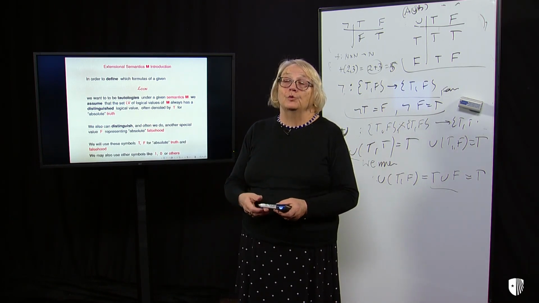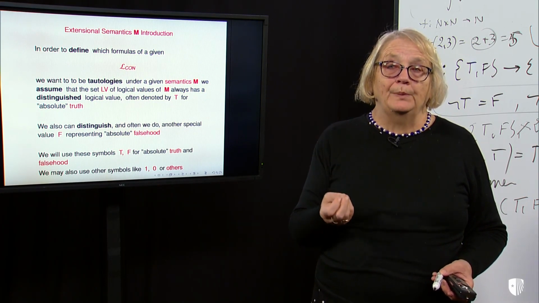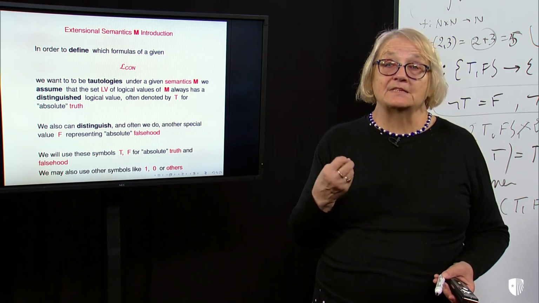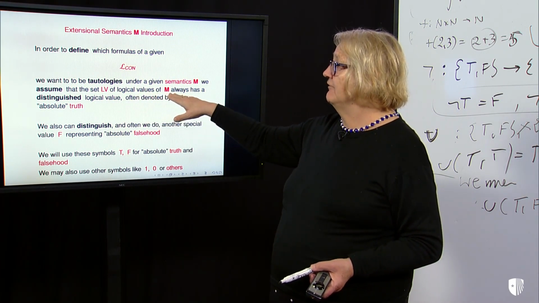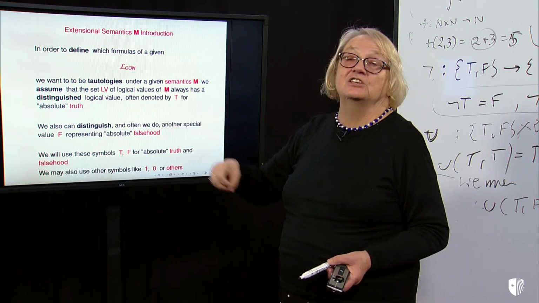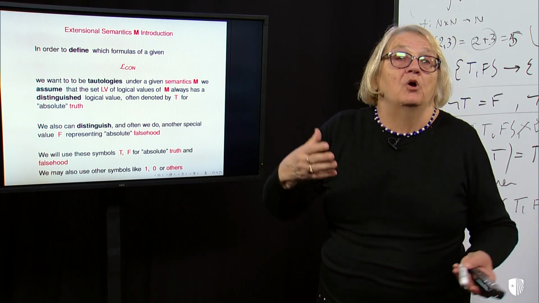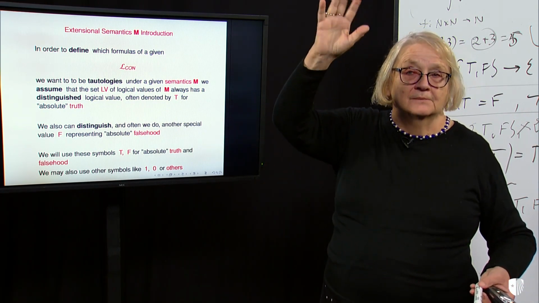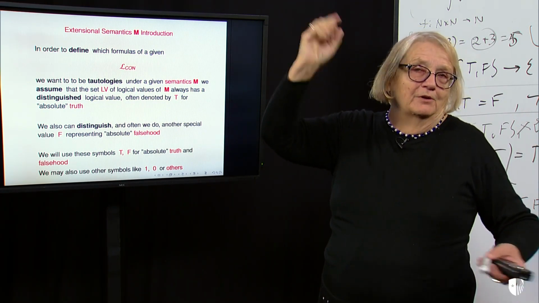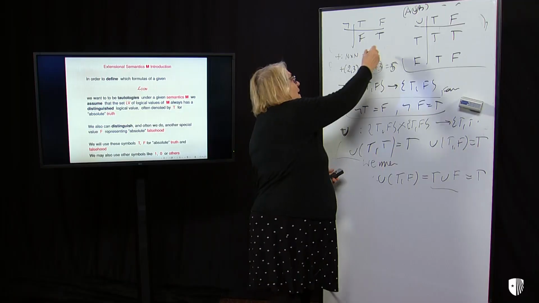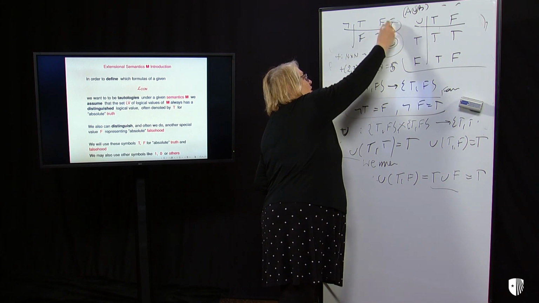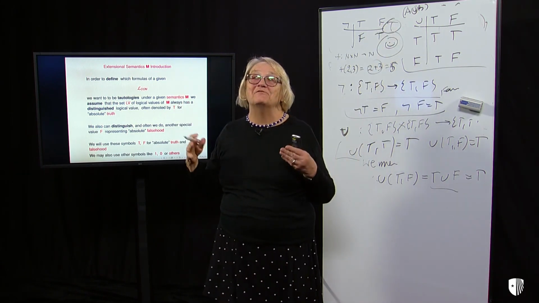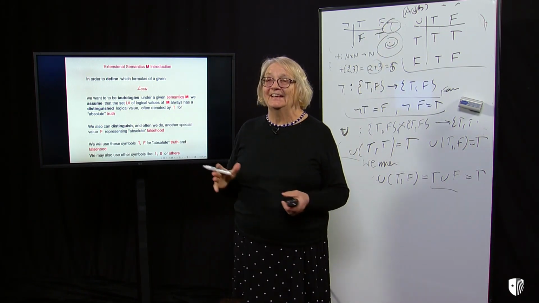So we want to define properly what a tautology is in a semantics. We assume that the set of logical values always has a distinguished value. We can call it T, we can call it whatever you want, we can call it a smiley face, but we call it T because it is our intuitive notion of truth.